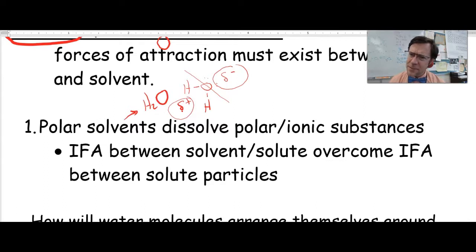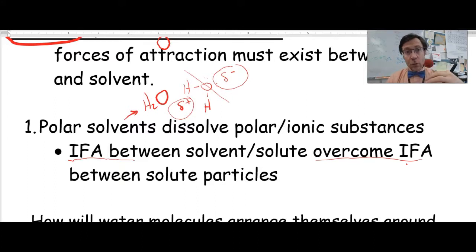Does that make sense? And the way dissolving happens, what happens when something dissolves, is that the intermolecular forces of attraction between the solvent and the solute totally overcome the ionic bonds, or whatever kind of intermolecular forces of attraction were holding the solute together, and it gets broken apart.